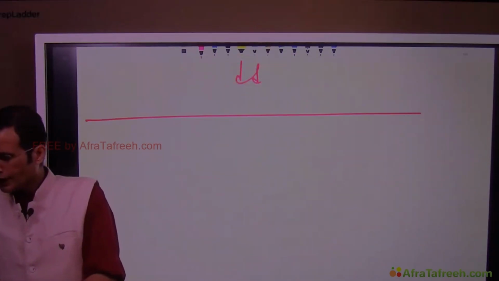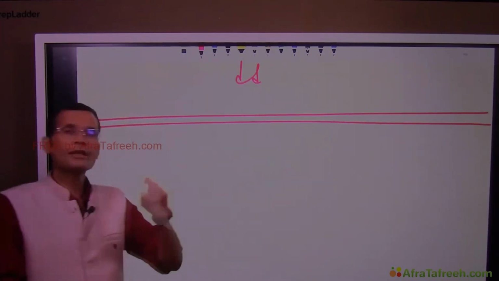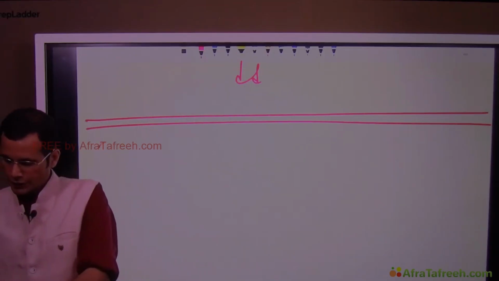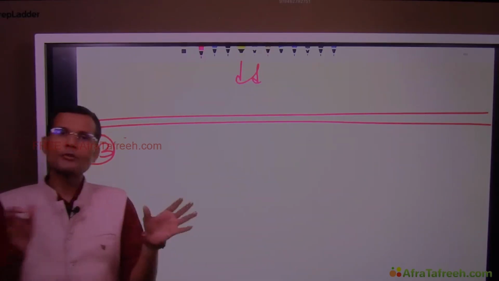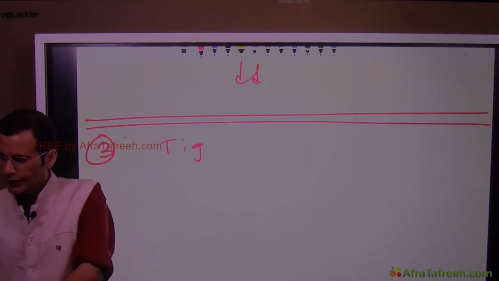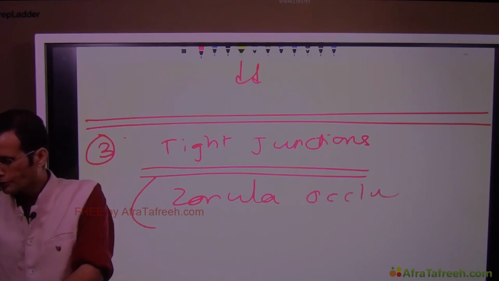So that was the second type of junctional complex, and the membrane proteins involved, the connexins. And the third type of junction formed between the adjacent cells is tight junctions. Tight junctions are also called zonula occludens.